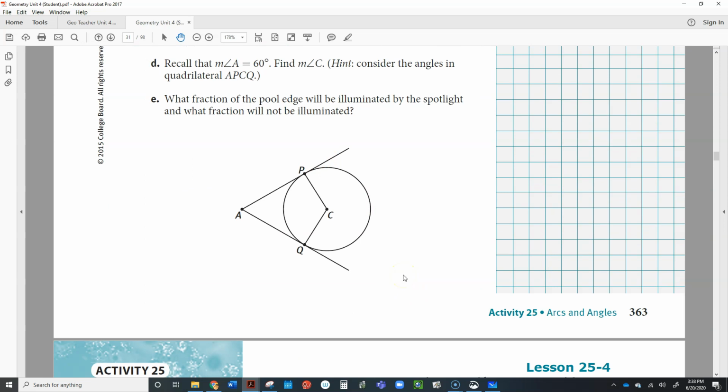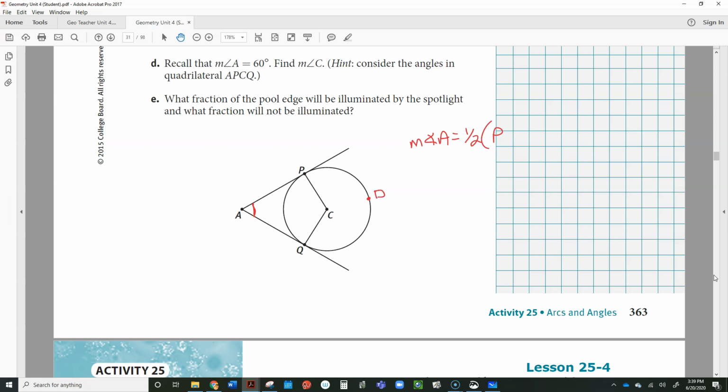We've got a tangent. I do want to remind you of a couple of other things too. So we have a tangent, but this angle right here, the measure of angle A, is going to be found by taking half of P, and we really need another point over here.